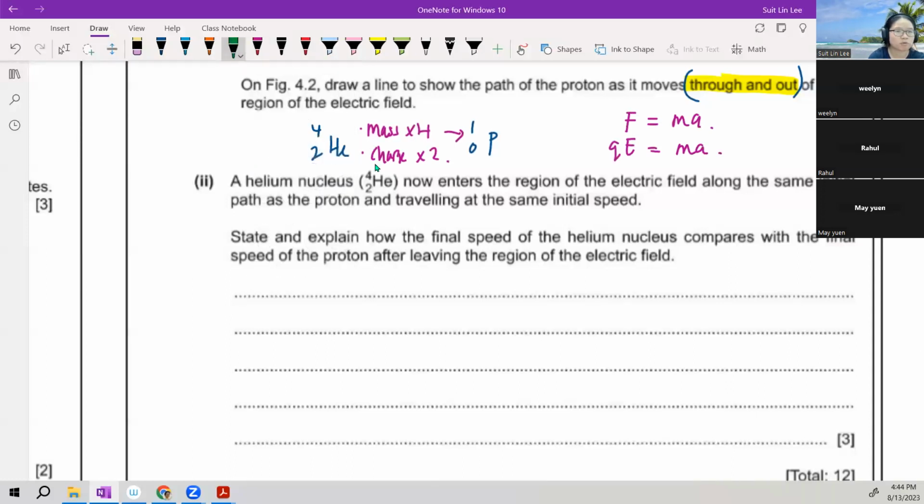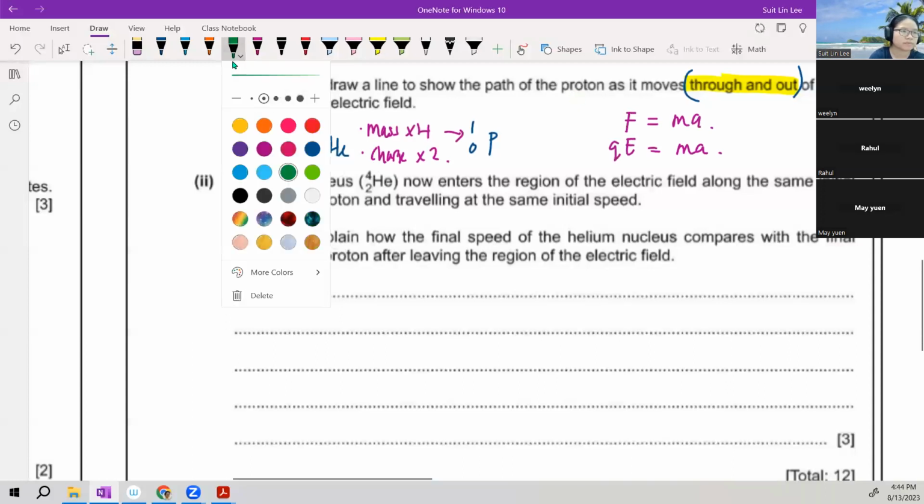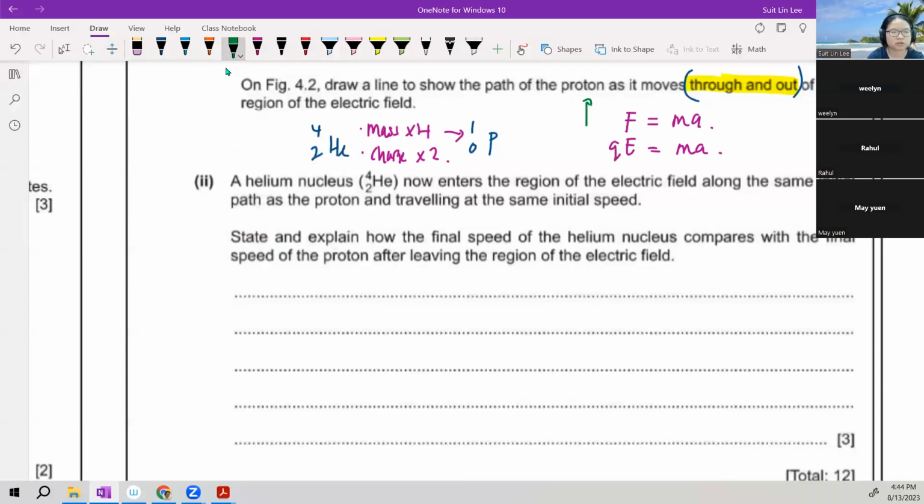So this is for proton. Later we will need to write an explanation, but this is for proton. But then for the helium nucleus, instead of Q, we will have 2QE. And instead of m, we will have 4ma.